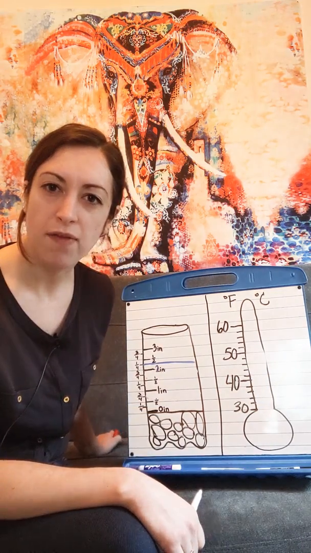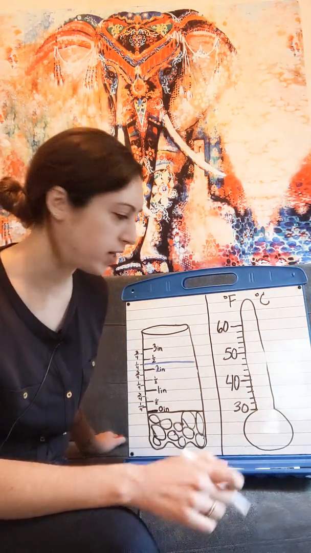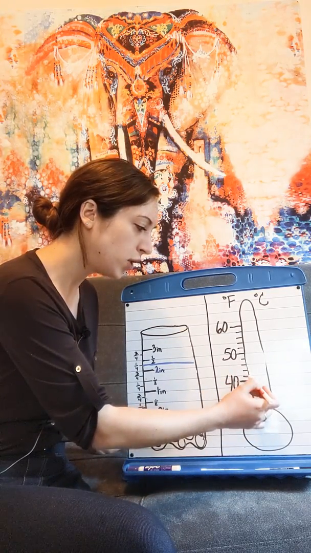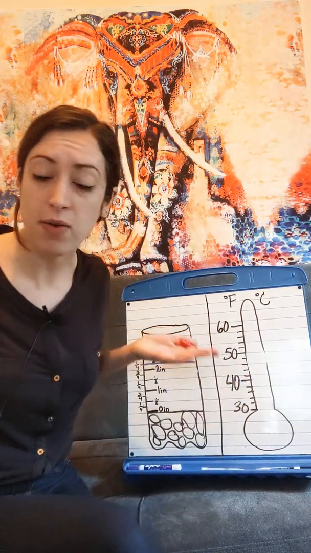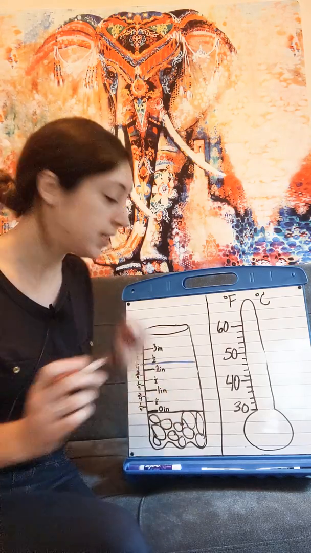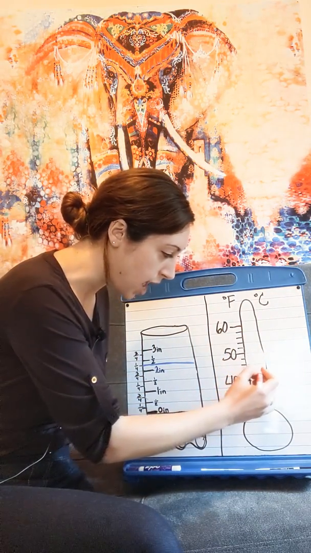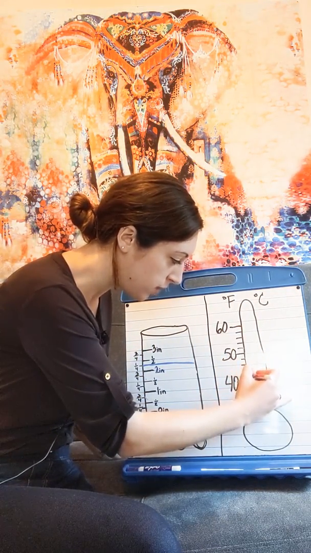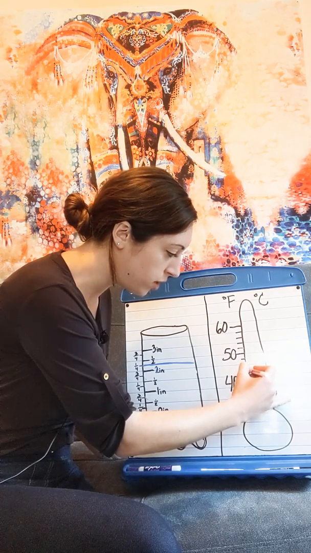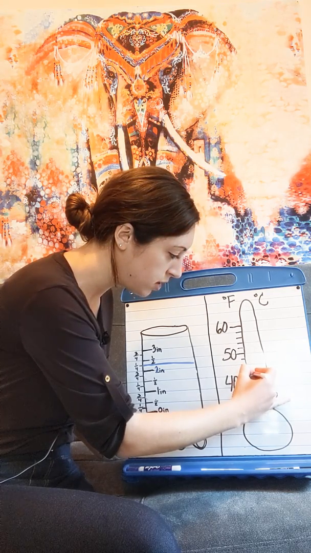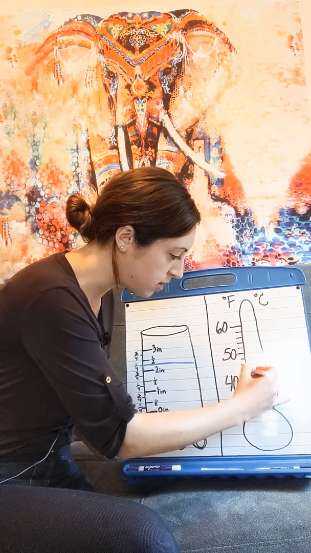Well, I'm trying to plot 43 degrees. So if I have 42 and I have 44, how do I do 43? Well, it's simple. Just find a line to draw right in between. So 42 and 43, I'm going right in between. I'm going to draw a line just like that.